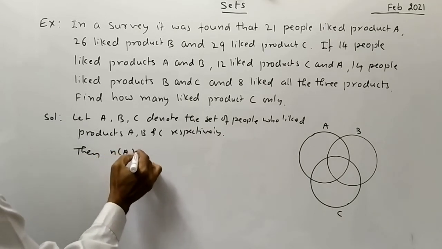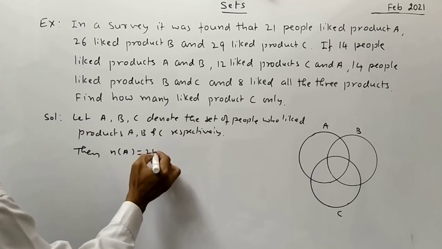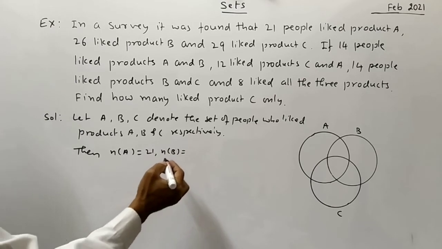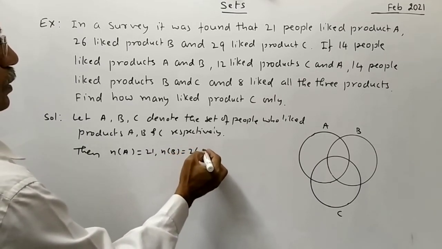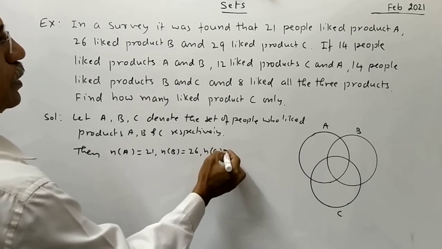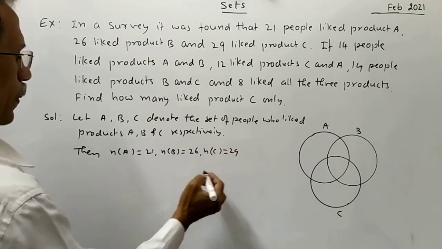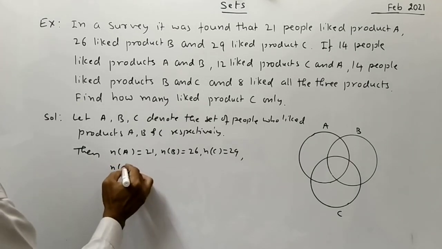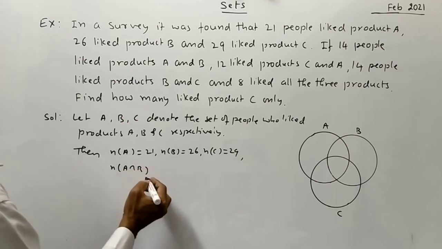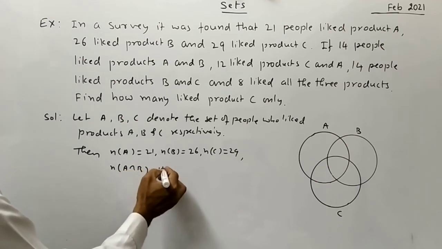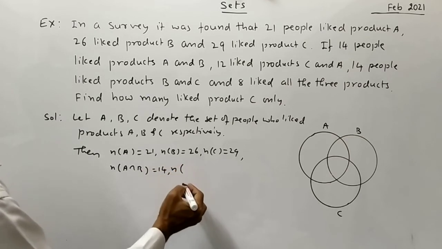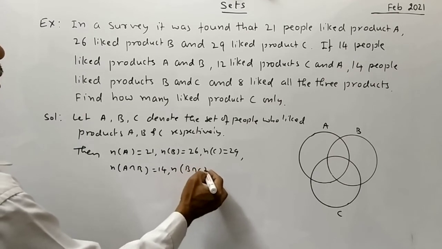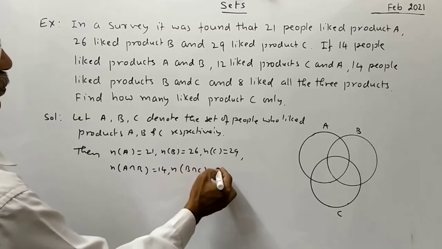number of elements of A is equal to 21. Number of elements of B is equal to 26. Number of elements of C is equal to 29. Number of elements of A intersection B is equal to 14. Number of elements of B intersection C is equal to 14.